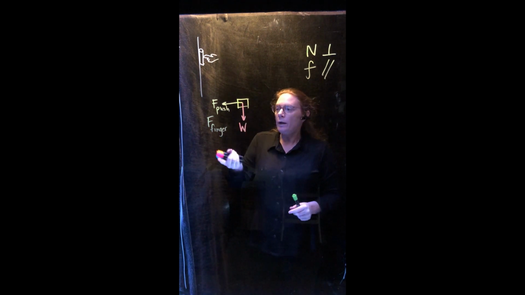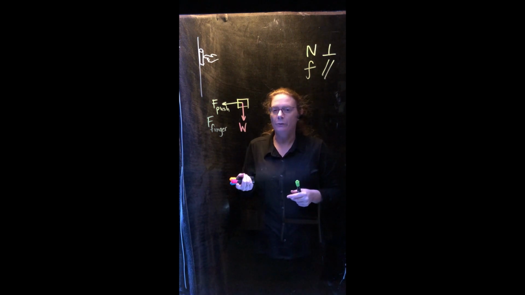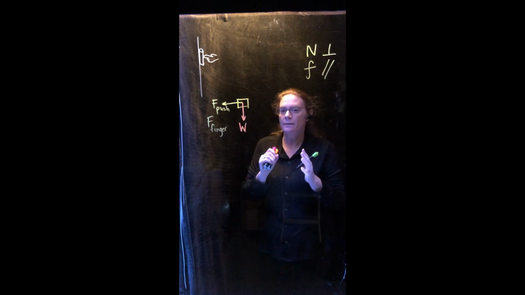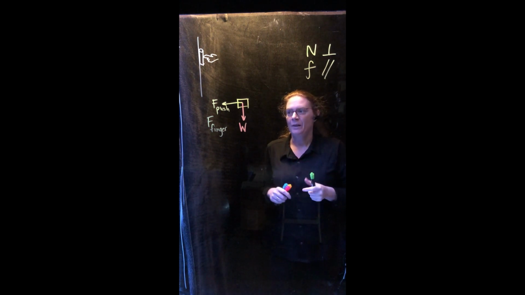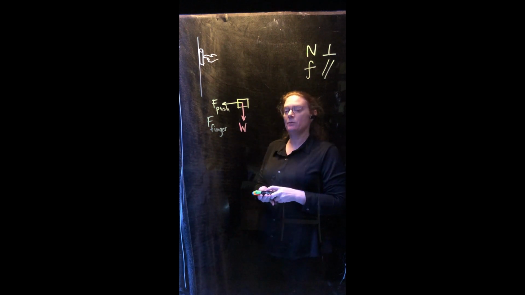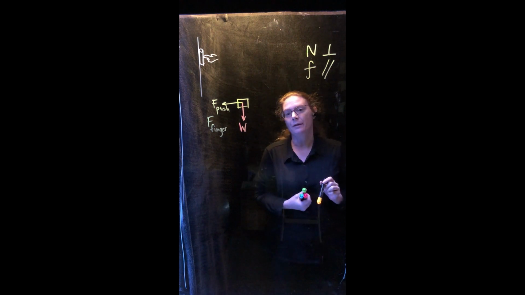Okay, what else is acting? And now you probably say there's a normal force because something's being pushed against another surface. And you could probably guess that there's friction involved too. But here's where we have to be careful with directions. Yes, there is a normal force. Yes, there is friction. What directions are they?